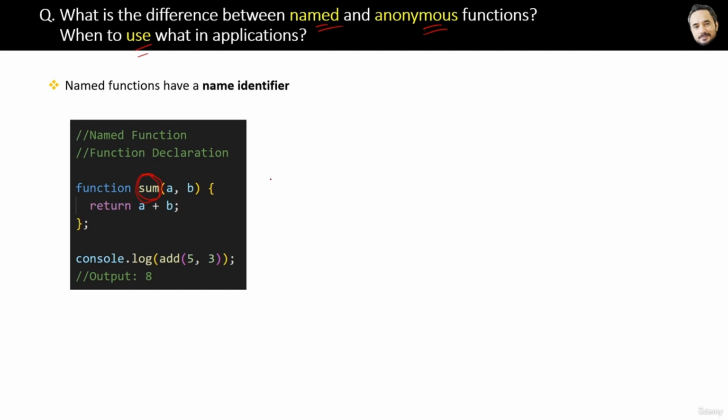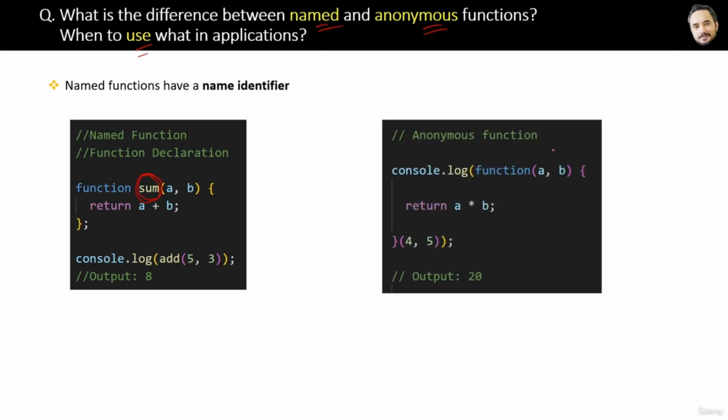On the other hand, we have anonymous functions in JavaScript, like this one inside the console log. Here we have one function, but it does not have any name. That's why we call it an anonymous function. Anonymous means without name, okay? Here the anonymous function is accepting the parameters a and b.